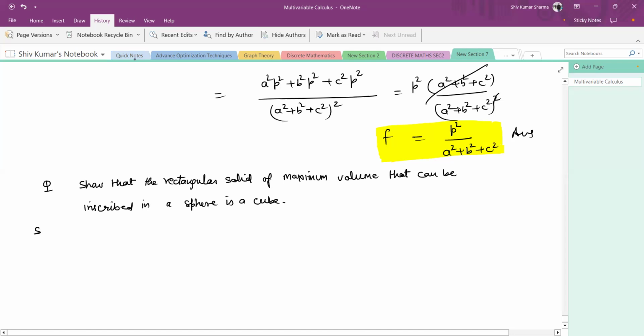So first we understand the statement of the problem. This says that a rectangular solid of maximum volume can be inscribed in the sphere.